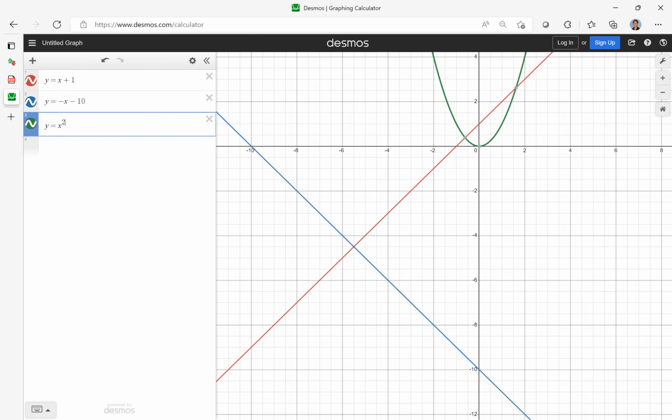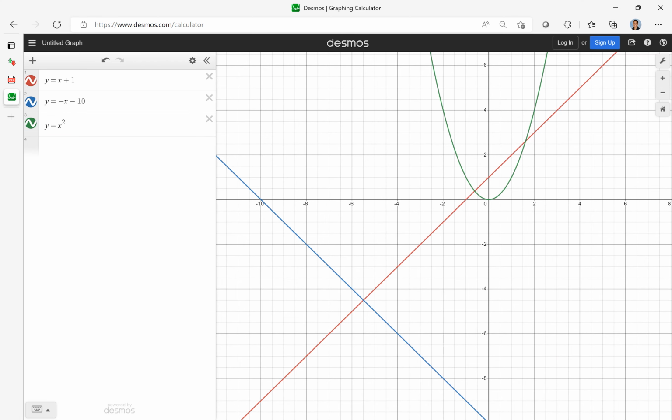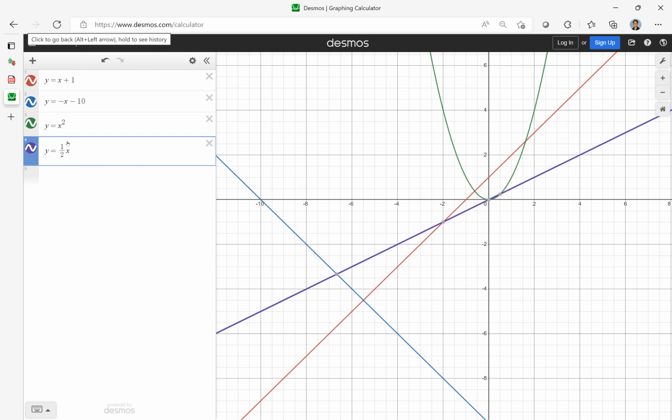Now that's not a straight line. We call it a parabolic shape, which is kind of like a bowl shape. What if I gave you y equals a fraction now? Maybe I'll do a half, so 1/2, and then just x. That's still a straight line as well.